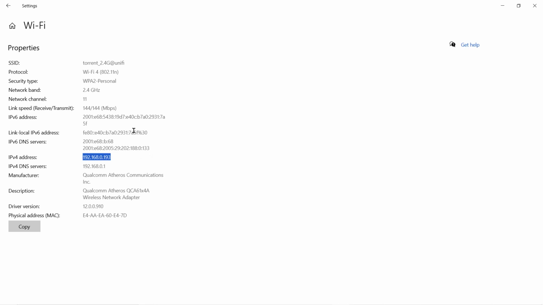For every computer, there is also a physical address, also known as a MAC address, which is located on the adapter, the wireless adapter. The physical address of this Wi-Fi adapter is E4AA60E470.